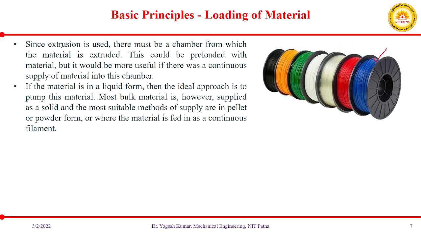Since extrusion is used, there must be a chamber from which the material is extruded. This could be preloaded with material, but it would be more useful if there was a continuous supply of material into this chamber.